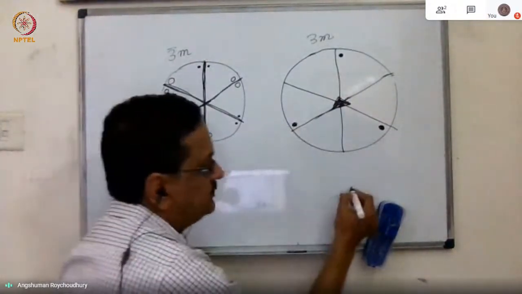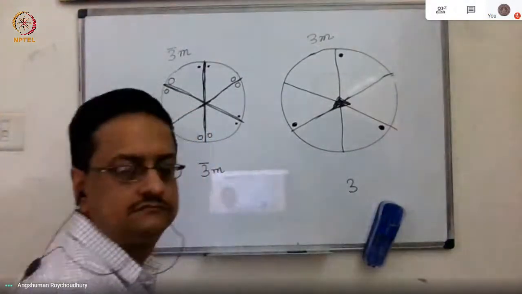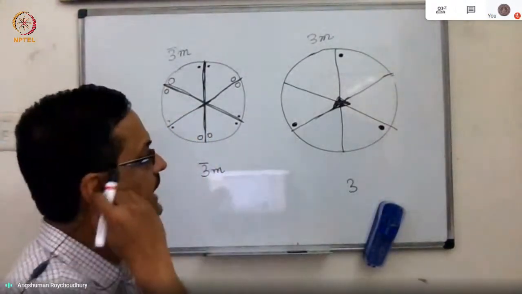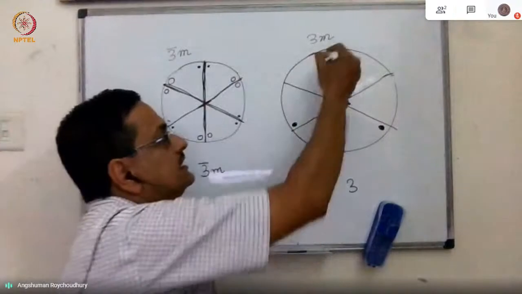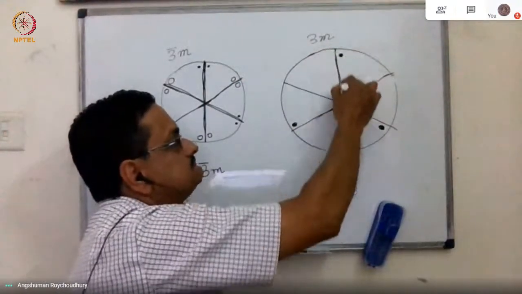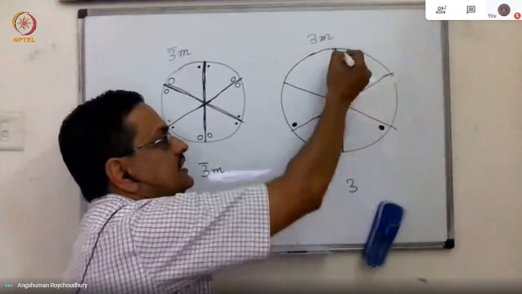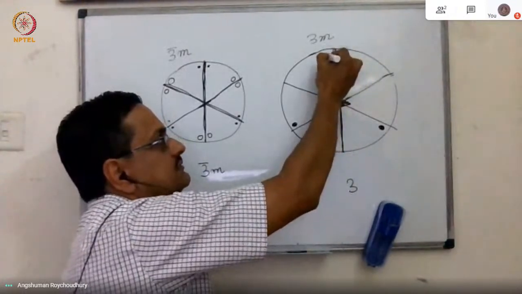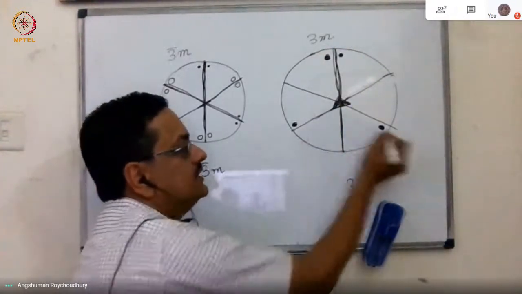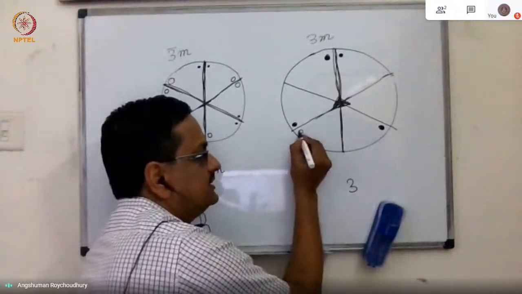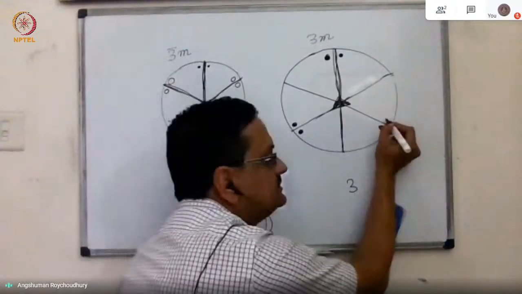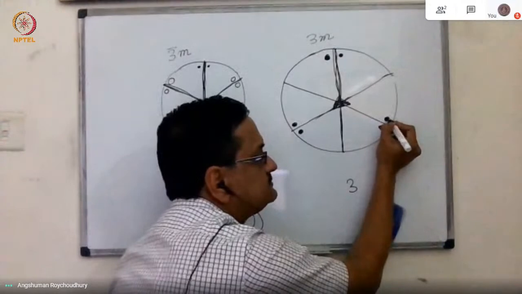So this is nothing but 3. And when I say m, the mirror is here. If I apply this mirror, this point is projected here, this point is projected there, and this point there.